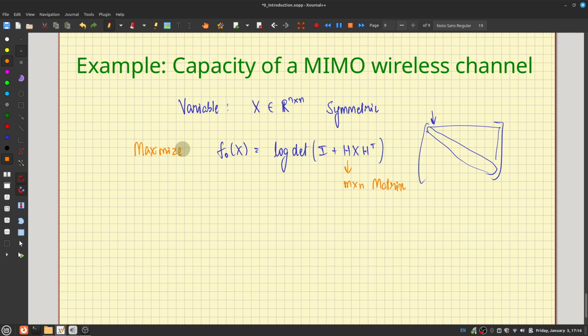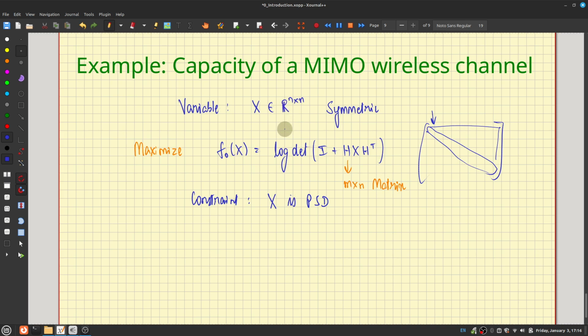But it's not to maximize this over arbitrary symmetric matrices. I have a constraint, and the constraint is that X should be positive semi-definite. We look at positive semi-definite matrices in more detail in the course, but one simple way of thinking about it is that it's a matrix where all of the eigenvalues are non-negative.